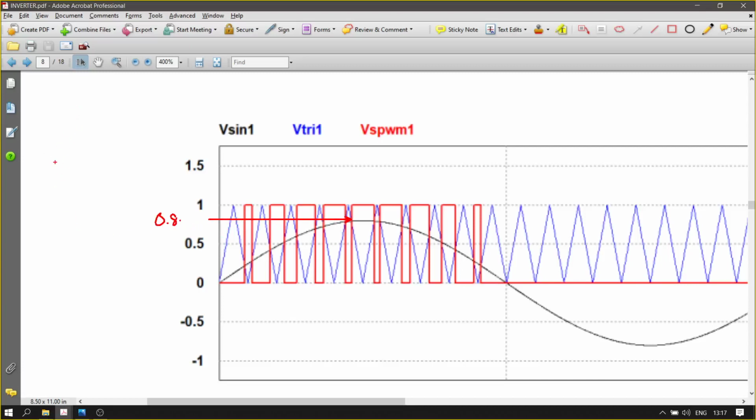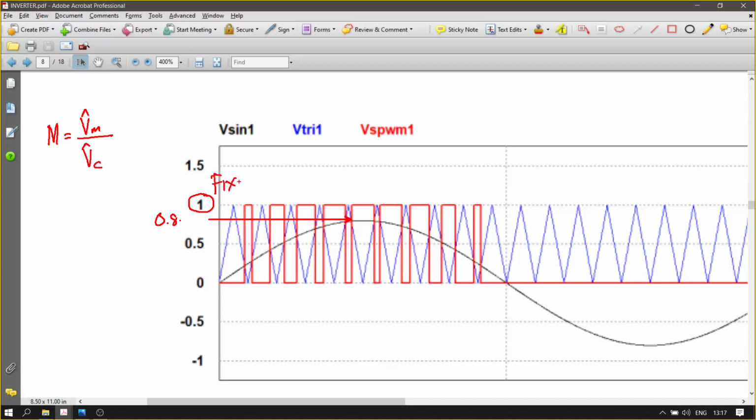We know that the modulation index is always Vm, the peak of the modulating signal, divided by Vc, the peak of the carrier signal. The carrier signal is always 1, and normally it is fixed.